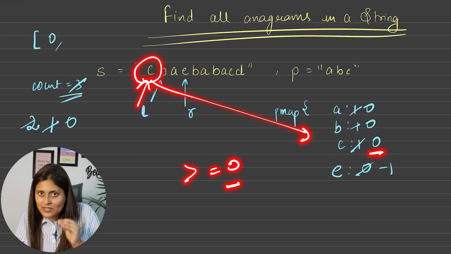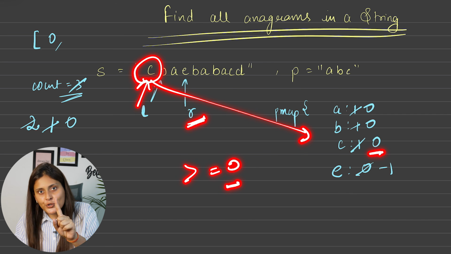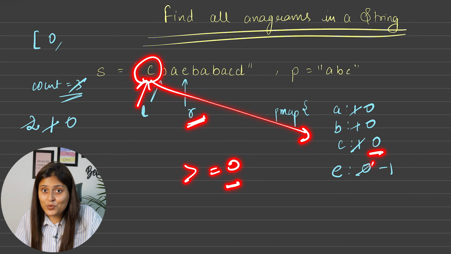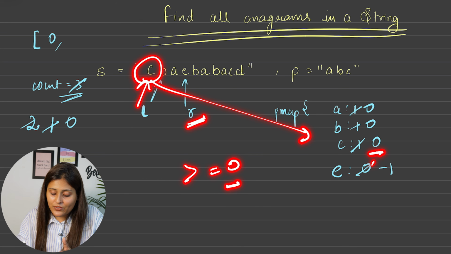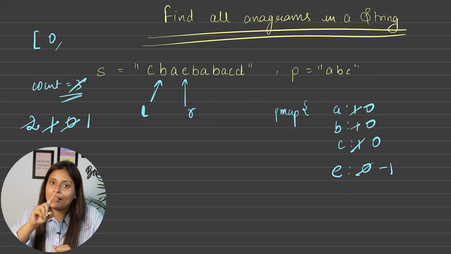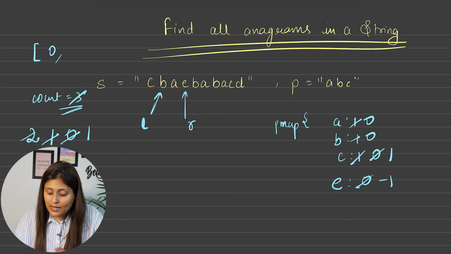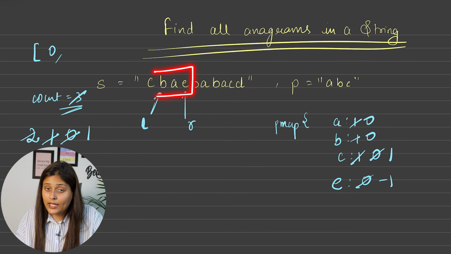Even if it is 0, it means it has been reduced by the R pointer for sure, so before reducing by R it was positive. It means this one was a required one, and as we are leaving it, we have to increment our count back. R reduced the frequency, so left will undo that, so left will increase the frequency. Now next time we won't shrink because the length is back to 3.